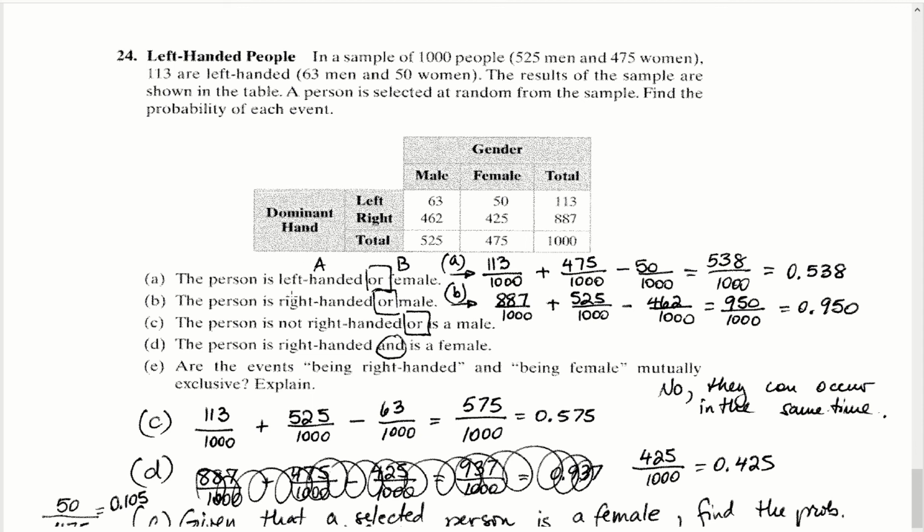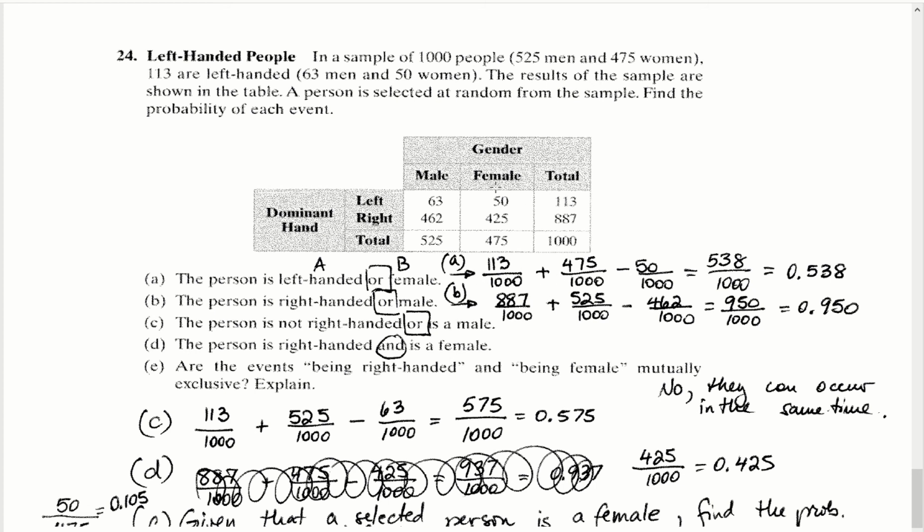The first question asks us to compute the probability that an individual selected is either left-handed or female. That should be the probability of left plus the probability of female minus the probability of a left-handed female. Probability of someone left-handed would be 113 out of 1,000.